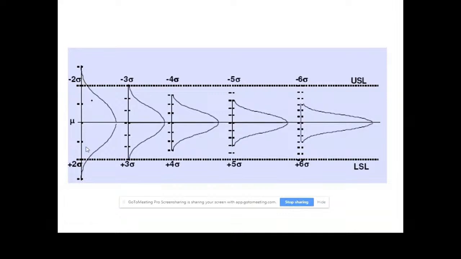Because this bell curve is so spread out, we know that the standard deviation is pretty high. It is 2 standard deviations here, 2 sigma. So the process is working at a 2 sigma level. What does it mean? It means that between the customer specification limit that the customer has given you and the mean, you are able to fit 2 standard deviations.